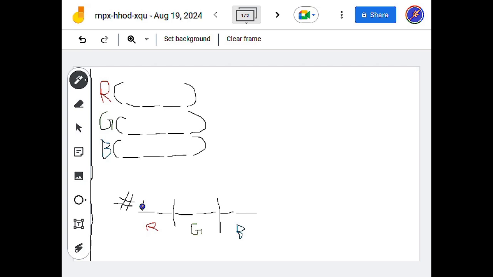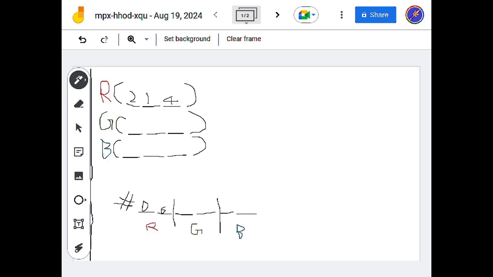That D6 was 214. Why did I just put the 4 in there with the 1? 214.